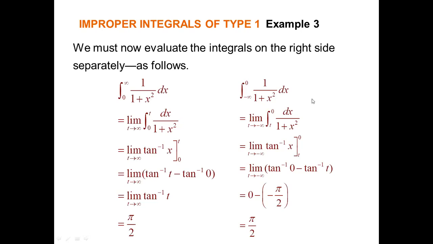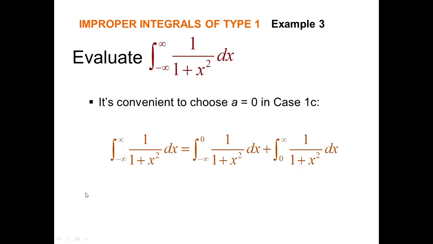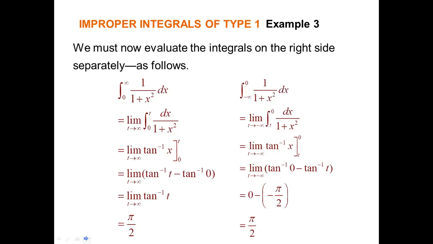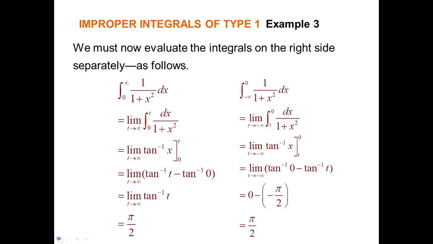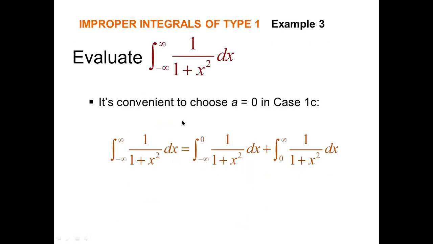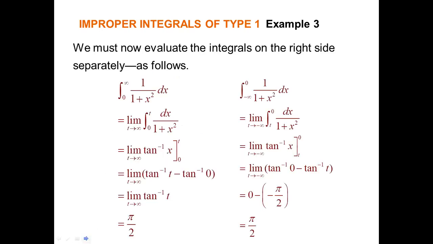These two, by the way, the sum of these two is equivalent to our original integral, which has the limits negative infinity to infinity. And we're adding, we're not subtracting. So since you're adding, if you add the two, the answer is a pi. So for this type 1, case C, type of improper integral, we have a convergent improper integral because the value of this is actually a pi.